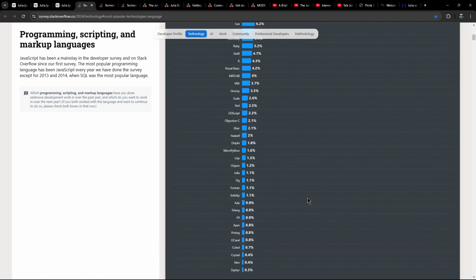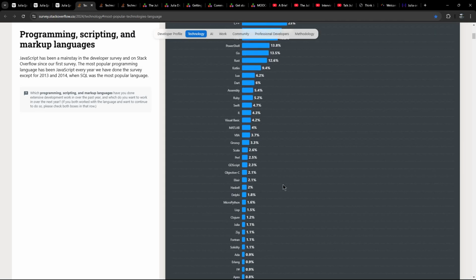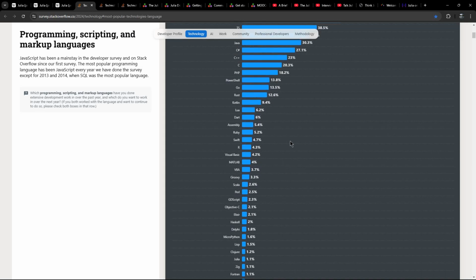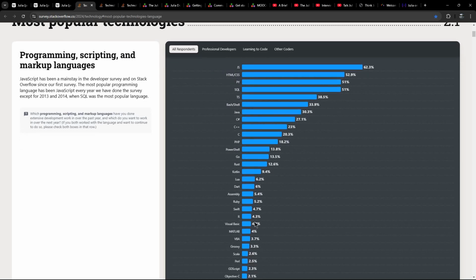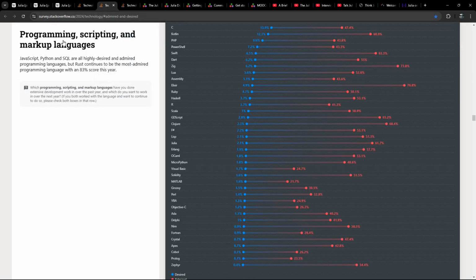Also, emerging languages might crop up down here as well. But certainly well below some of the things we've been looking at so far. And if you're curious, this is where R is, and Python is right up here. So another reason why you might want to learn them in that order for data science purposes.